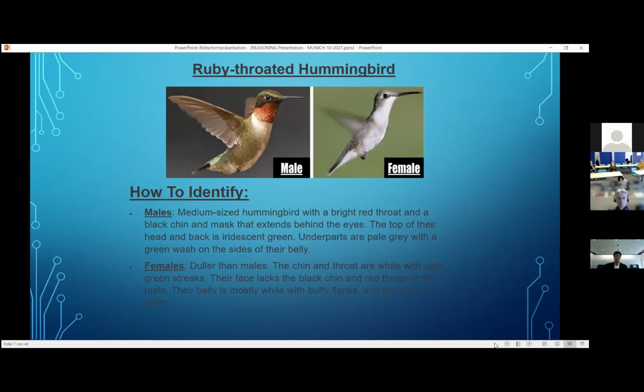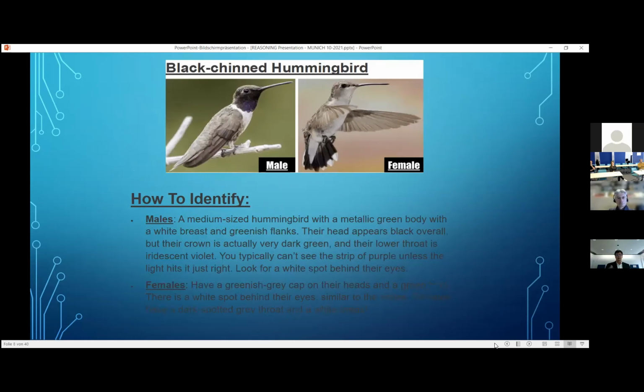So as an example, here is a pair of pictures of a ruby-throated hummingbird, a male and a female, and there are these features that these birds would have in order to be recognized as, in fact, ruby-throated hummingbirds. Another pair of images is a black-chinned hummingbird. How to identify?